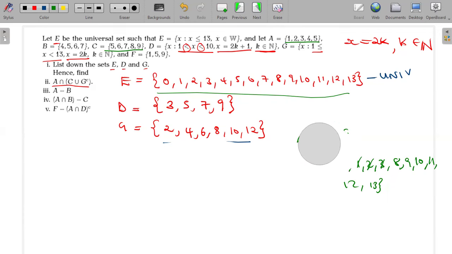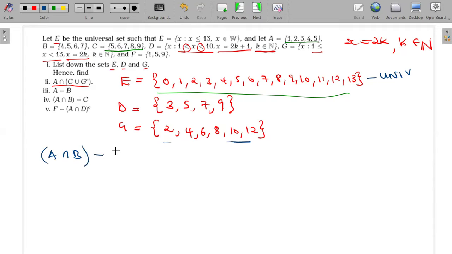So for the next question, they're telling us A intersect B, and then the set difference of C. So that means we have to first find A intersect B. So A intersect B is going to be, so this here I list down. I'm looking at elements that are common in A and in B. So my A, I know it's 1, 2, 3, 4, and 5.